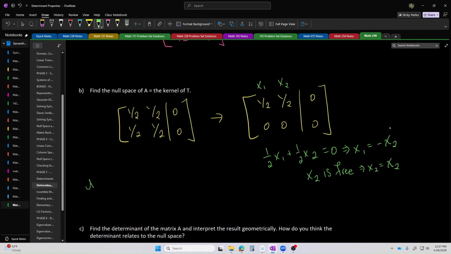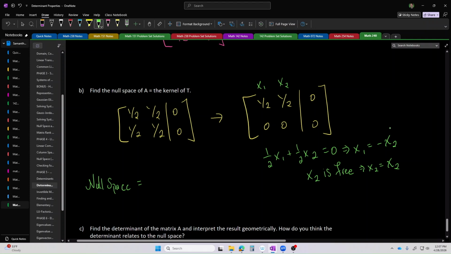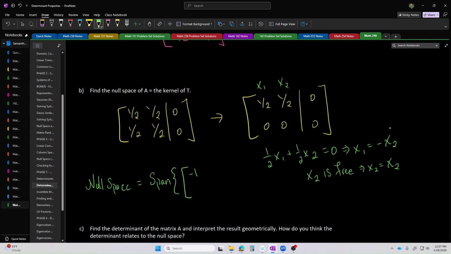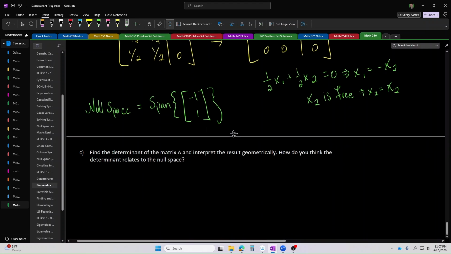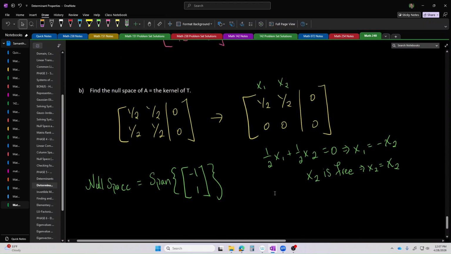And that means that the null space can be understood as the span of the vector -1, 1, the coefficients on x2 in these equations. So the null space of this matrix is one-dimensional. The null space of this matrix definitely has stuff inside of it beyond just the trivial solution.